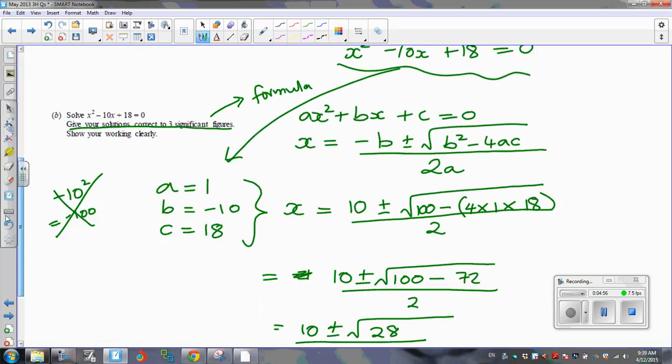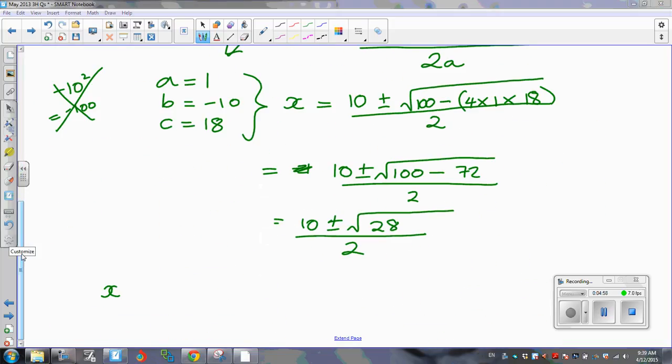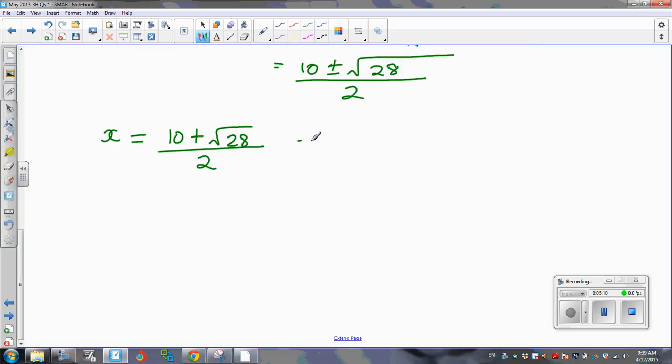So let's just see what happens. If one of the answers is negative, then I can just reject it straight away. So I'm going to go for the positive one first. x is going to be 10 plus the square root of 28 divided by 2, which comes out as 7.64575. If I work out the other one, x is going to be 10 minus the square root of 28. That's also actually going to be positive, which is fine.